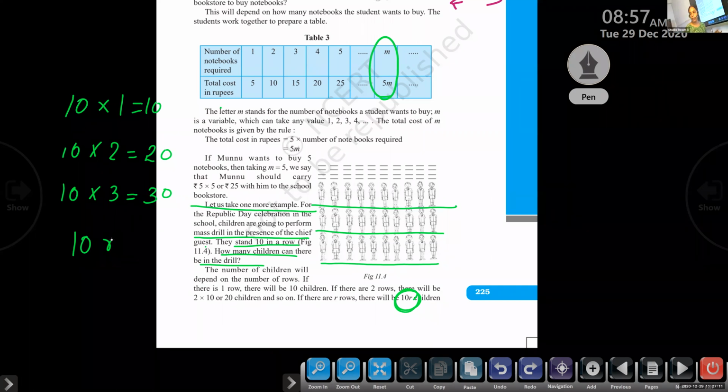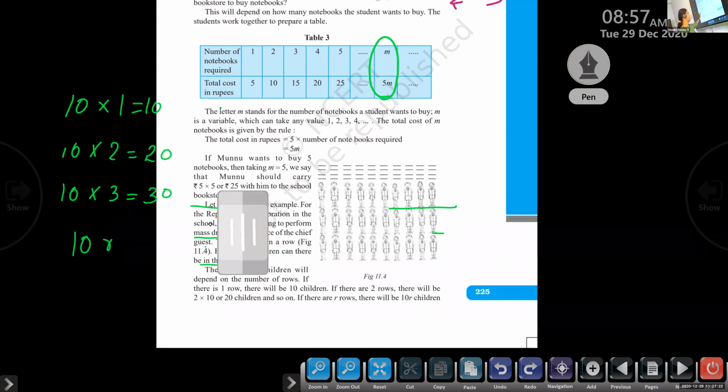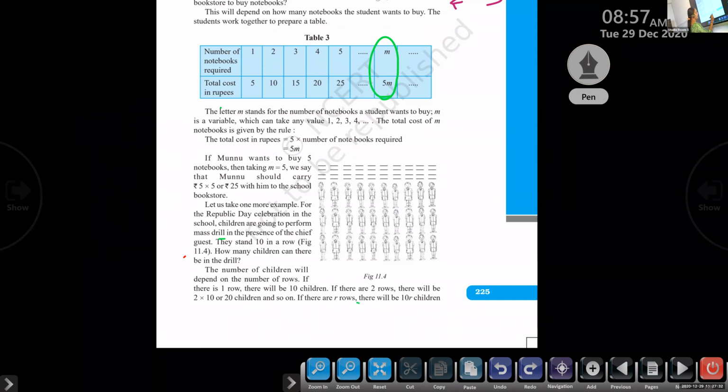First we took N, second example we took M, third example we took R. These examples are to make you understand that we can take any variable, any alphabet, like N, M, A, B, C, etc. So here there will be 10R children in total.